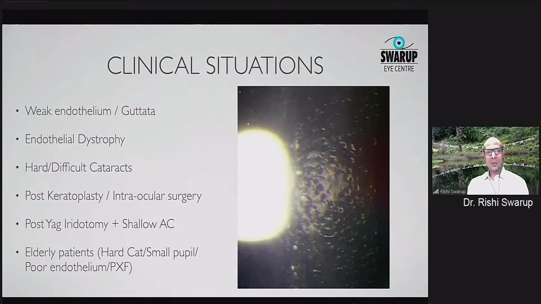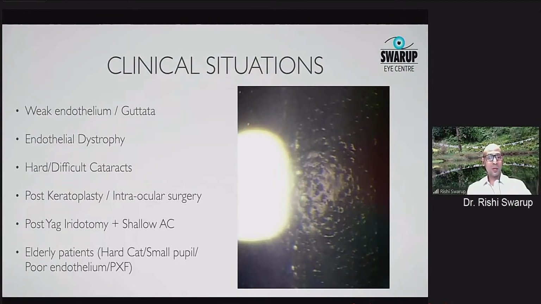So the clinical situations where you're specifically bothered about the endothelium, of course, is a situation where you do have a weak endothelium. For example, a patient who has low endothelial count or guttata, or has an actual endothelial dystrophy like a Fuchs or a PMCD kind of a situation. But then there are other situations where you can end up damaging the endothelium or tipping over an already weakened endothelium, such as a case which has a difficult cataract, a hard nucleus, a small pupil, a shallow anterior chamber, presence of pseudoexfoliation, all of things which were discussed earlier today.